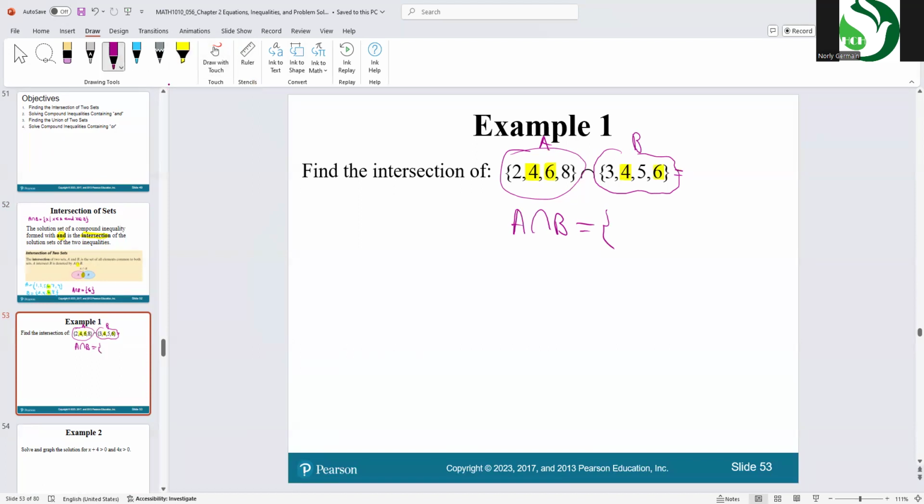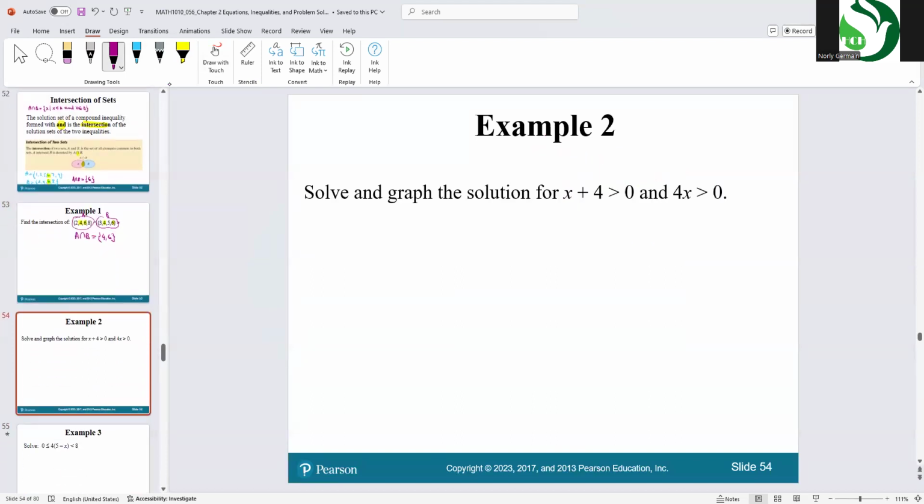So the intersection is 4 and 6. The numbers 4 and 6 are in both sets, so the intersection is the set {4, 6}.